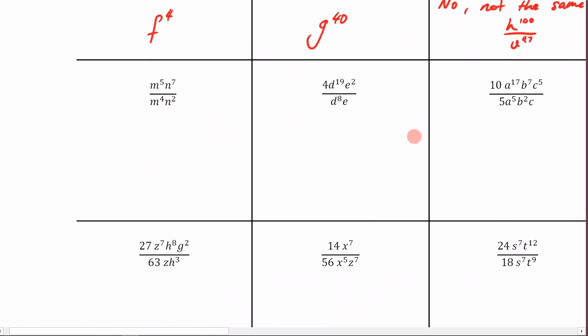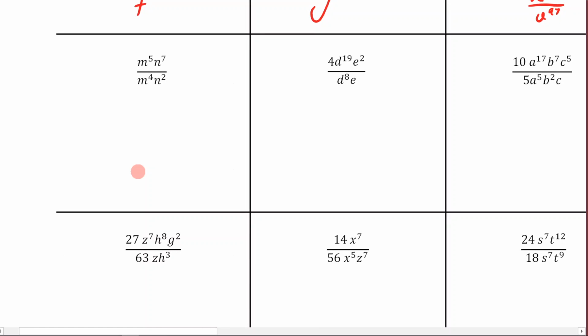Okay, we come over here now. So again, we're going to look for the ones with the same base. Here I have m to the 5. Here I have m to the 4. 5 minus 4 is going to be 1. So that means I've just got m. And then here I've got n to the 7 and n to the 2. That's going to be n to the 5. We come over here. We notice that I have a 4 here, so let's just write that down.